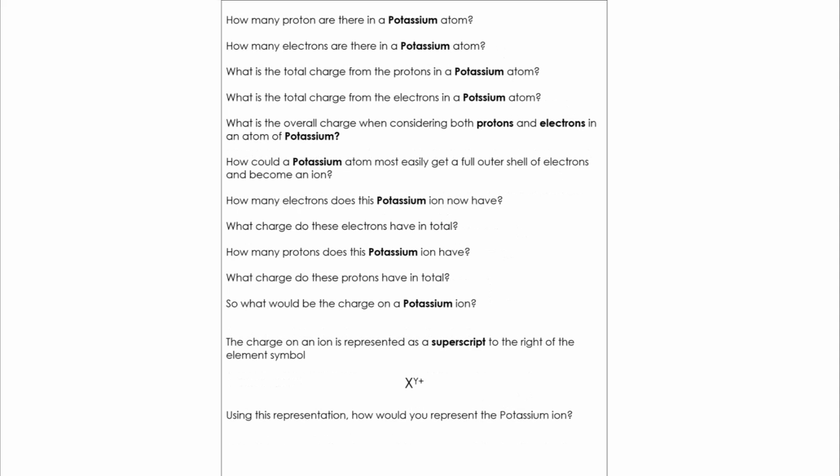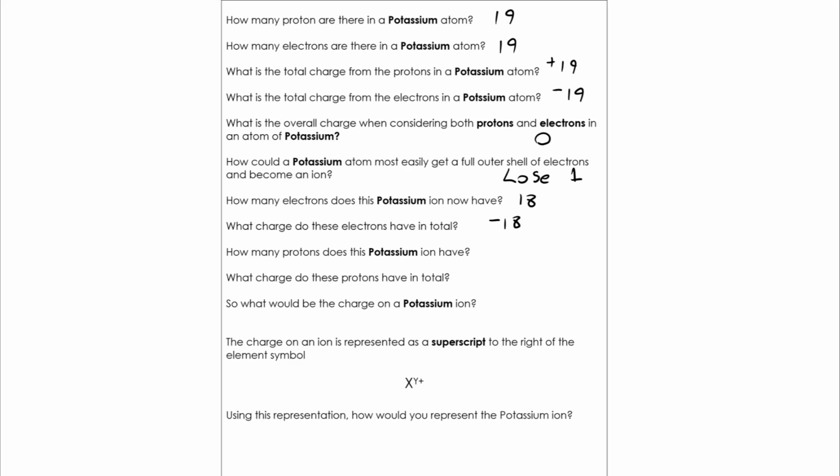Have a go at the same thing with potassium. Okay, moving on to the answers. It has an atomic number of 19, so that's 19 protons, 19 electrons, total charge +19, total charge -19, so my overall charge is 0. But potassium, when it gets a full outer shell, does so by losing 1 electron.